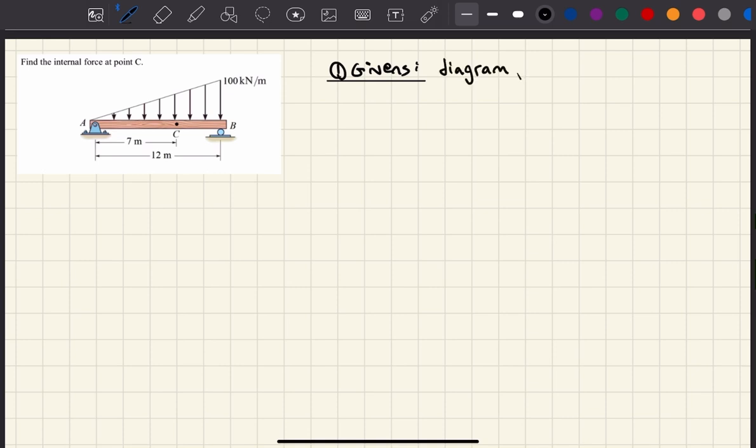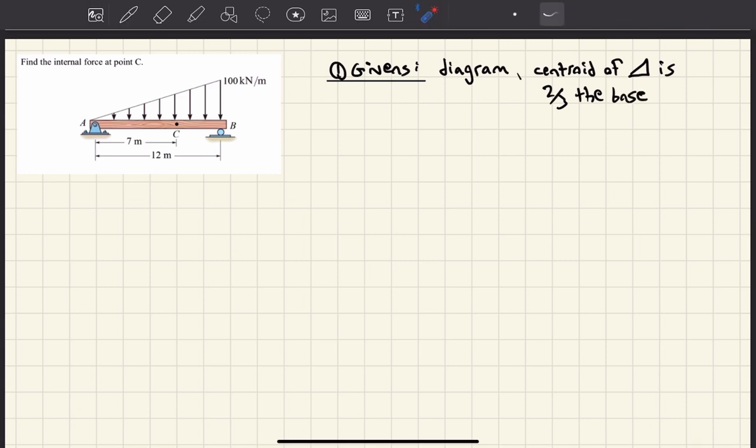Something that might be useful, in terms of a formula, is the centroid of a triangle, or of this type of triangle, a right angle triangle, is 2/3 the base.